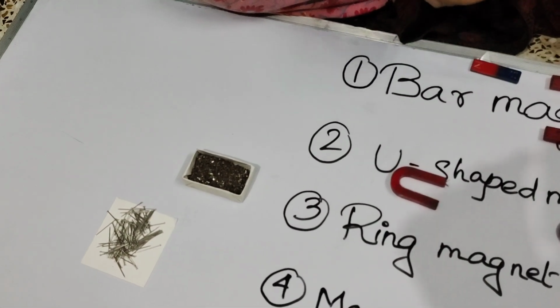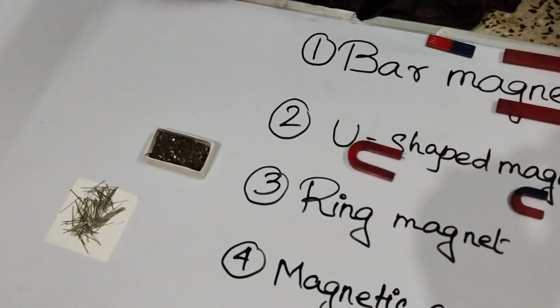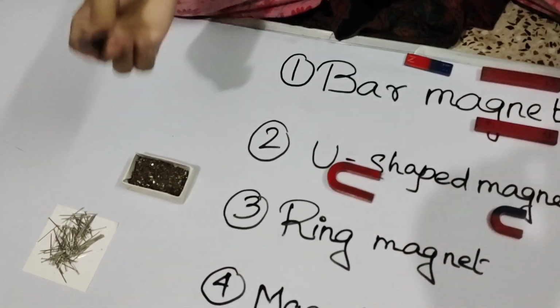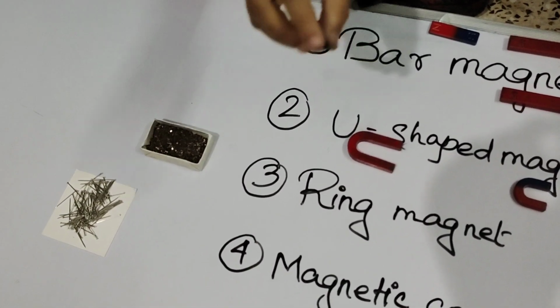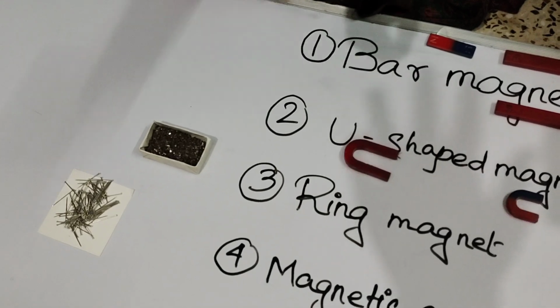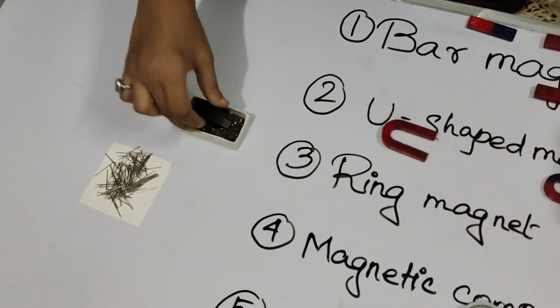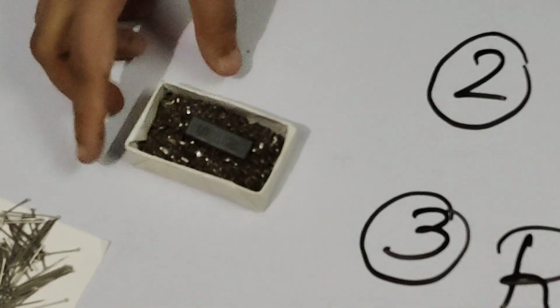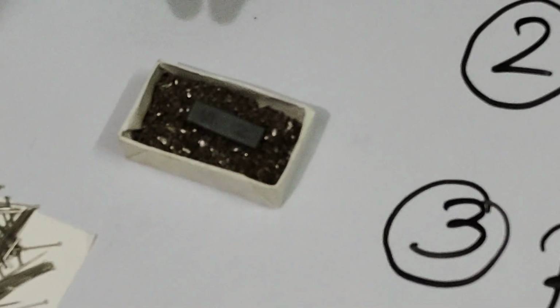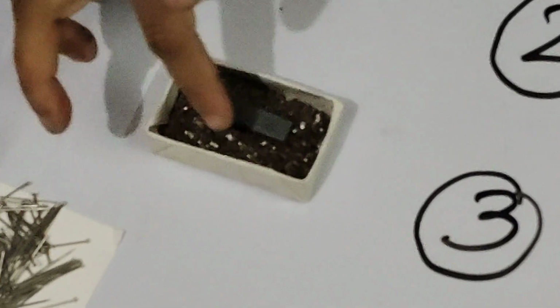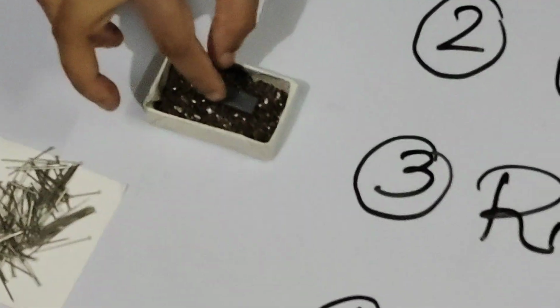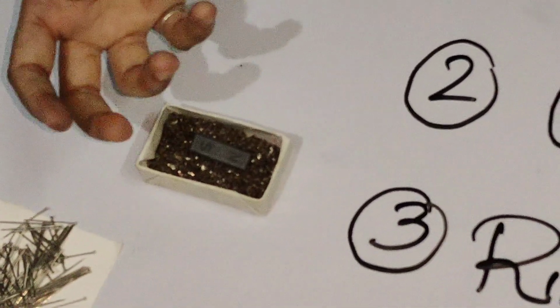Now let me put this bar magnet here, and I will check whether all the dust is attracted or not. Okay, it is now inside. So what do you think? Will the whole magnet attract all the iron pieces?